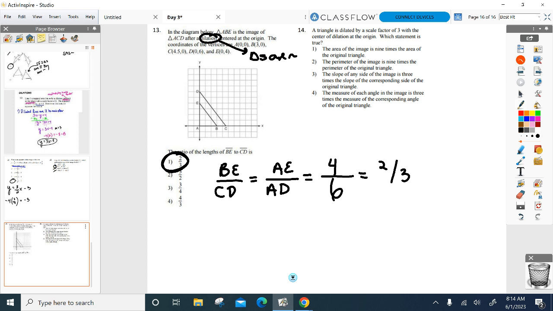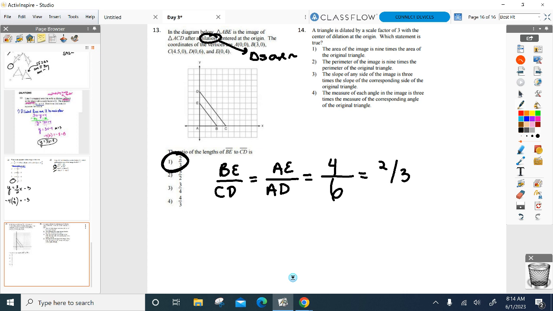And finally, 14. And then I got to have you guys take a note at the bottom of your page here. Triangles dilated by 3, which statement is true? Well, I know which 2 are not true based on our discussion today. Anybody going to eliminate 2 of the answers based on our discussion today when something's dilated?